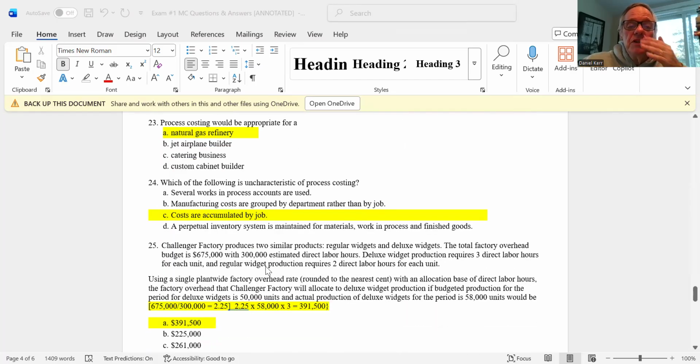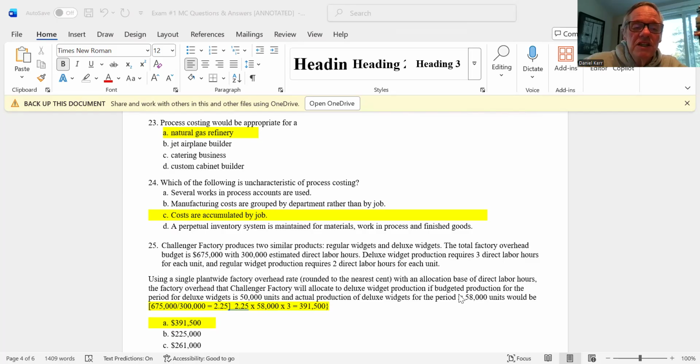25, Challenger produces two similar products, regular widgets and deluxe widgets. Total factory overhead budget is 675,000 with 300,000 direct labor hours. So if you want to get your cost per hour there, it takes 675 divided by 300. Deluxe widget production requires 3 direct labor hours per unit, and regular widget requires 2 hours per unit. Using a single plant-wide rate with an allocation based on direct labor hours, what factory overhead would Challenger allocate to deluxe widgets?